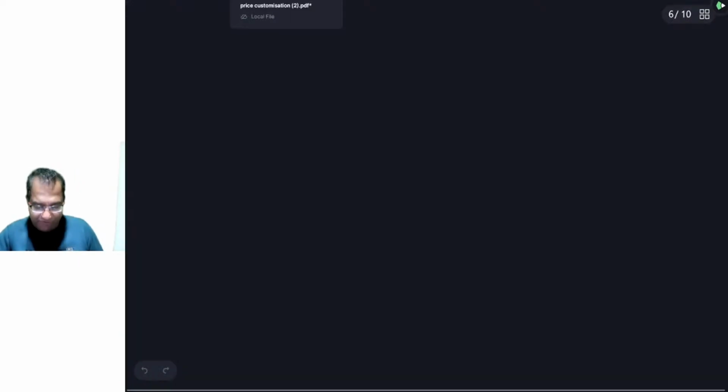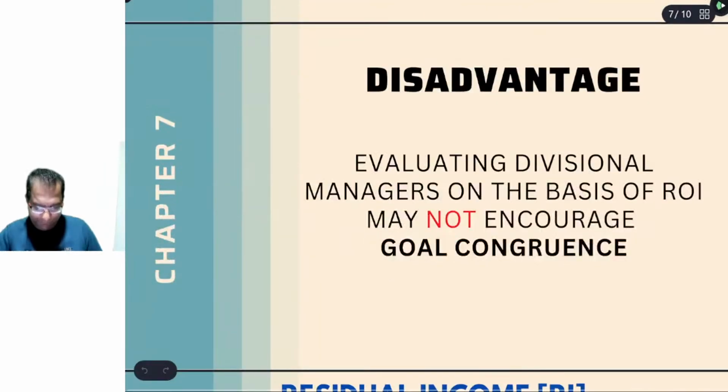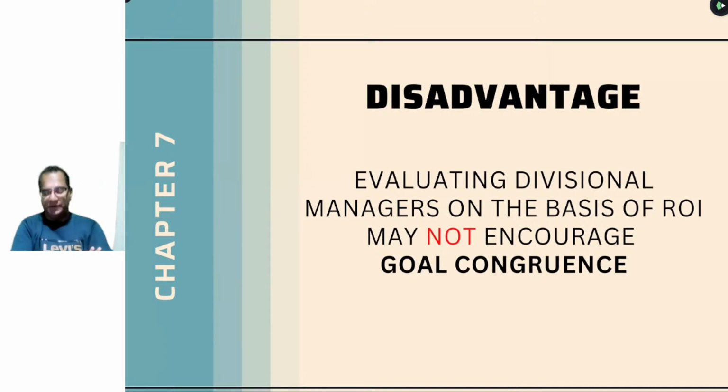Write down the fifth point, disadvantage. If you are having a red pen, beta, please write this down with the red pen. Very, very important.